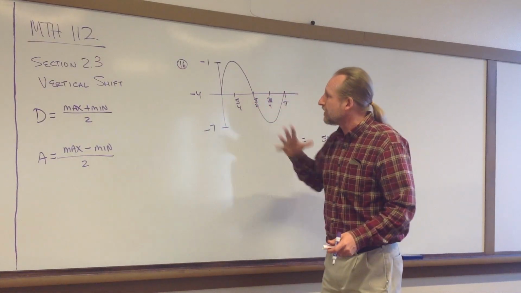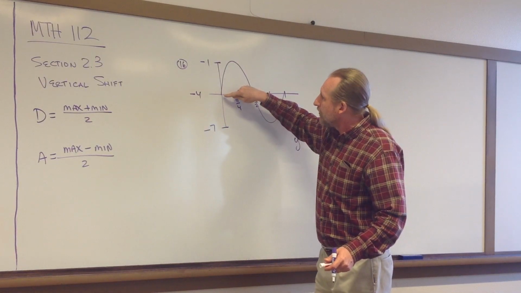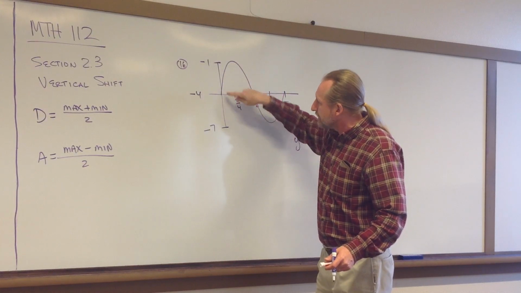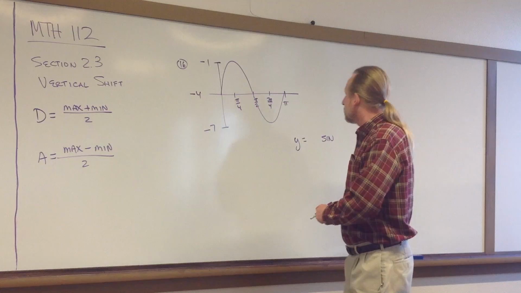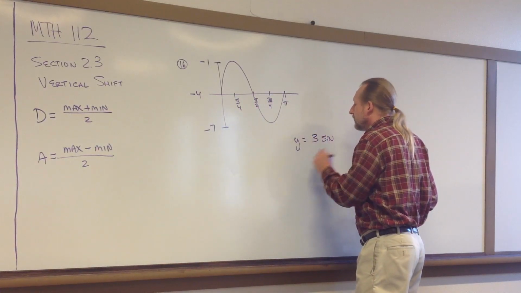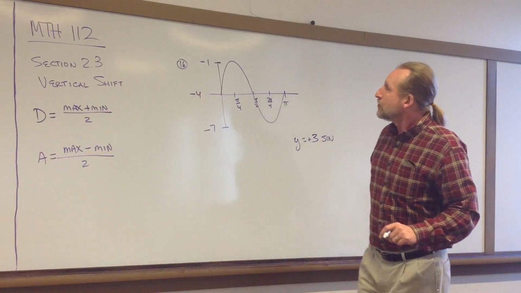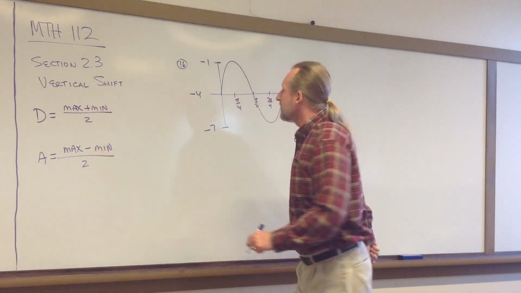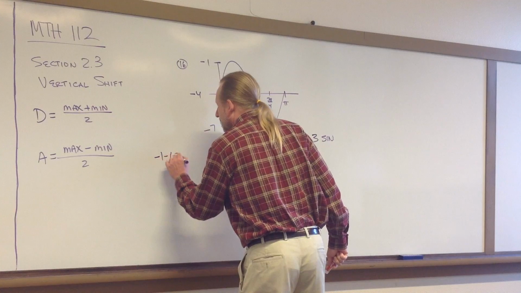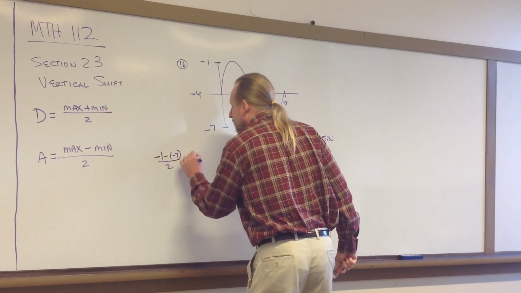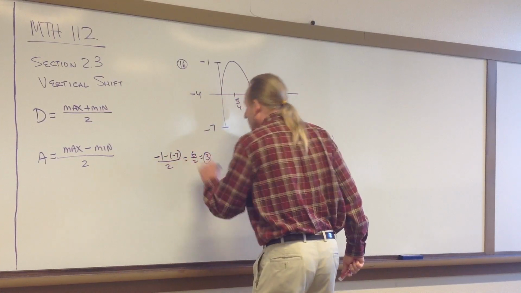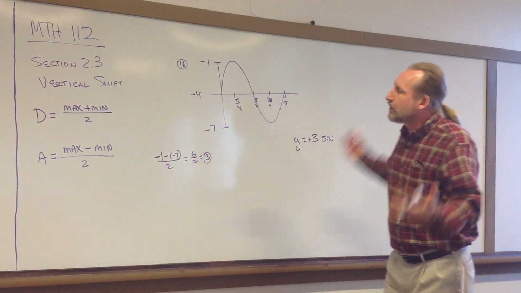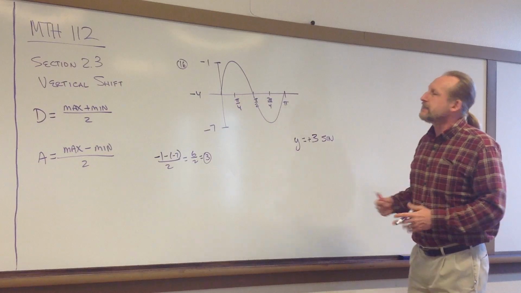So intuitively, you can look at this and say, this goes up 3 from -4 to -1, and it goes down 3 from -4 to -7. That means the amplitude must be 3. You can also take the max and the min, -1 minus -7 divided by 2, and that'll calculate the value of A. Now, again, there's no silver bullet for getting these answers right.